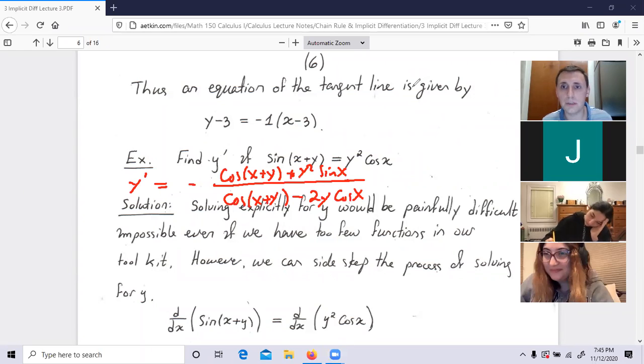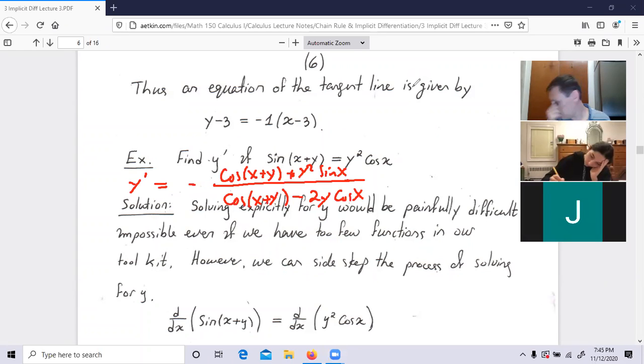Well, you will see possibly, right? So solve this formula.